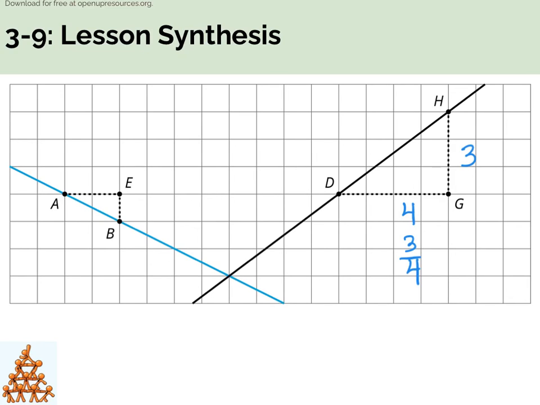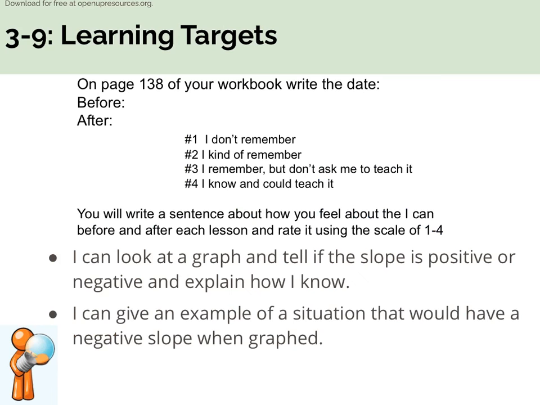Let's go ahead and do the other. So my vertical is 1, my horizontal is 2, and because it's going down the hill, so remember we read it from left to right, my slope is going to be a -1/2. So here's examples of positive slopes and negative slopes.